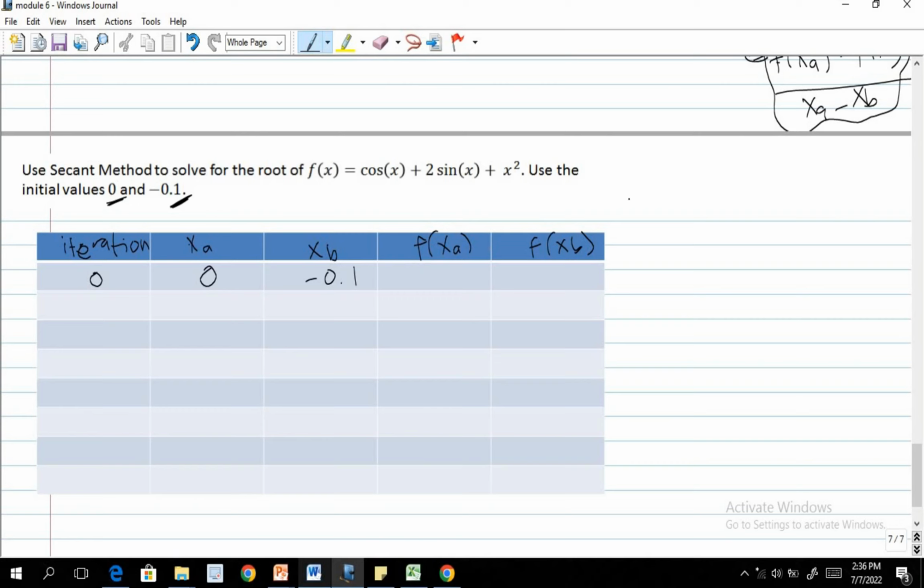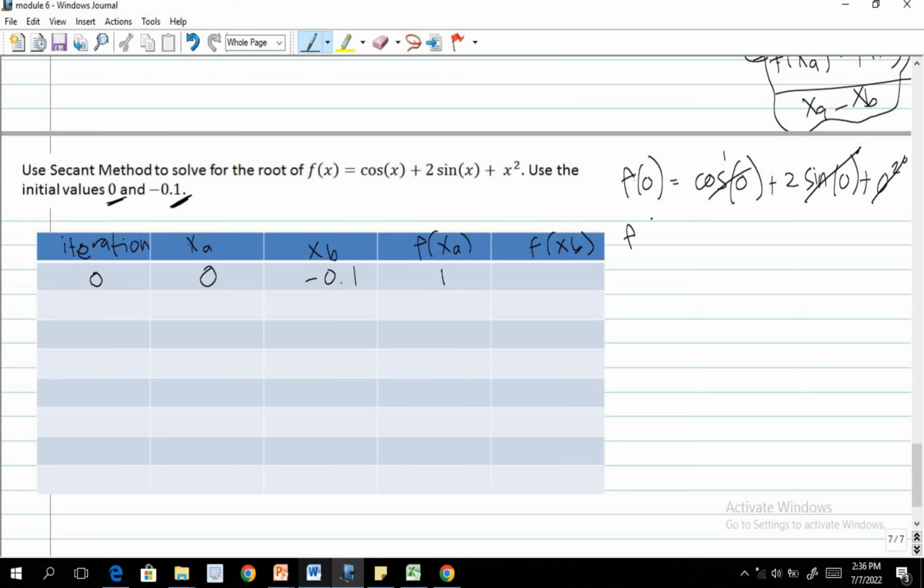Now, if I'm going to substitute 0 doon sa may equation ko na cosine of 0 plus 2 sine 0 plus 0 squared. Ma'am, ang sagot dyan is 0. No. The sine of 0 is 0. But the cosine of 0 is not equal to 0, but rather this is equal to 1. Therefore, the function of xa is 1.